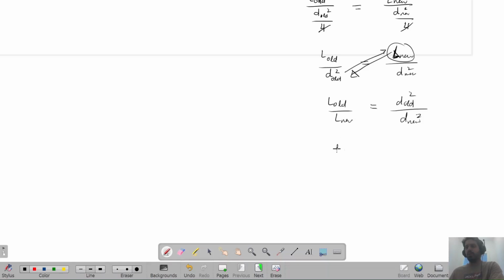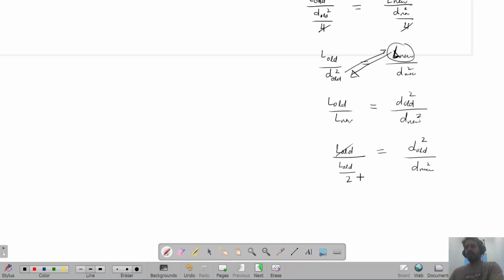So now we know that L new in terms of L old is just half, right? So instead of writing L new, I can write L old, the old length, divided by 2. And this must be equal to the old diameter squared divided by new diameter squared.